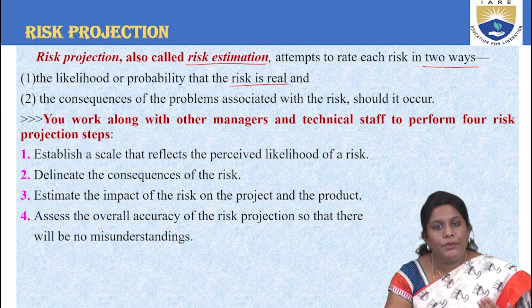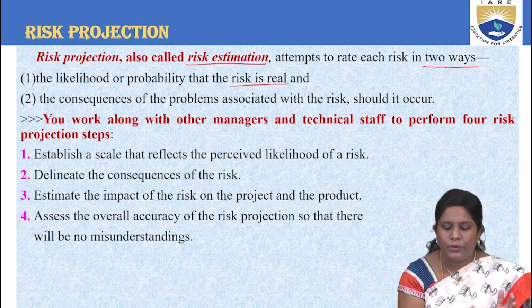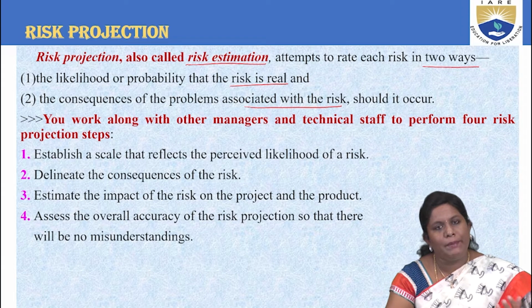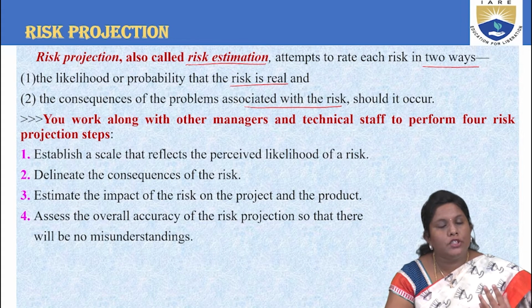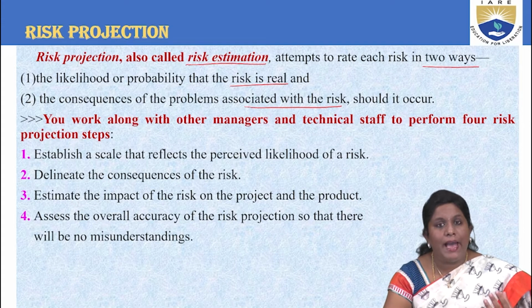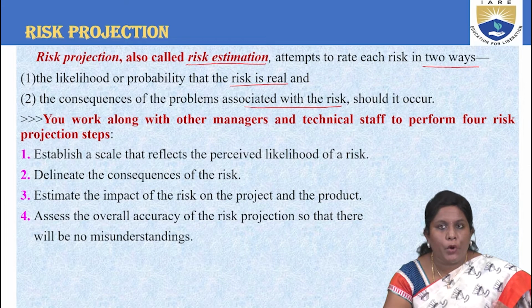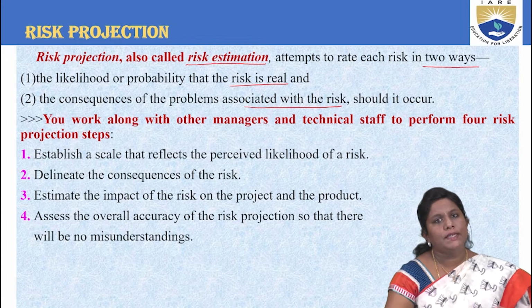Next, if you experience some consequences that have arisen during the project, you also associate them with some kind of risk, whether they happen or not. So I repeat, you can estimate risks in two ways: what are the chances of that risk becoming real, that is happening in real-time applications, and what are the consequences of the problems. That is also related to what a risk is.